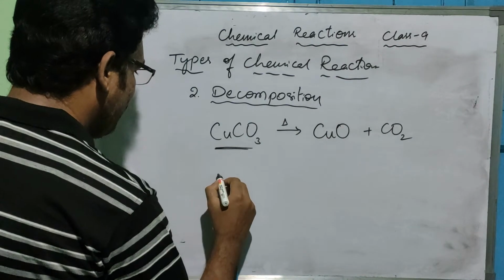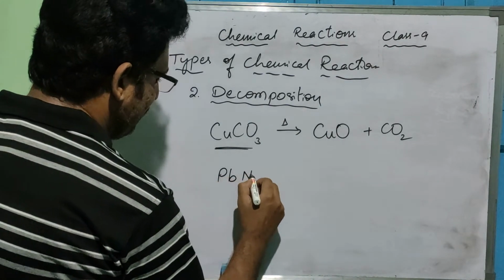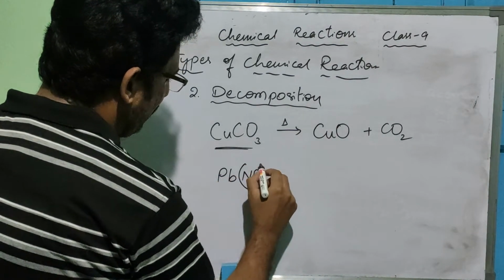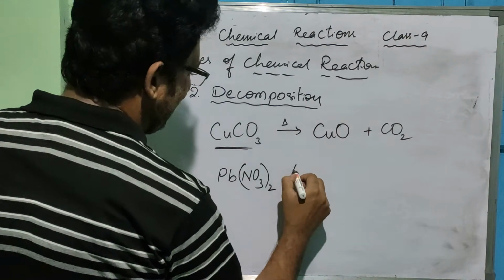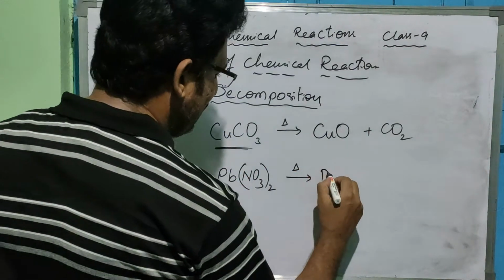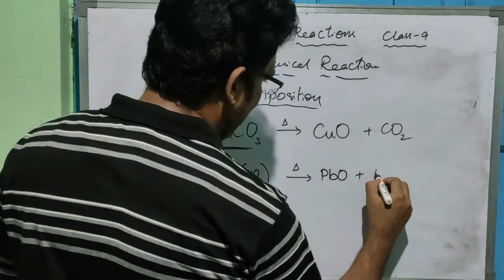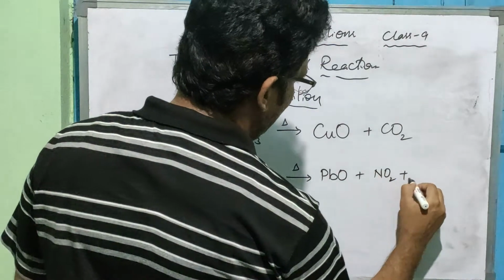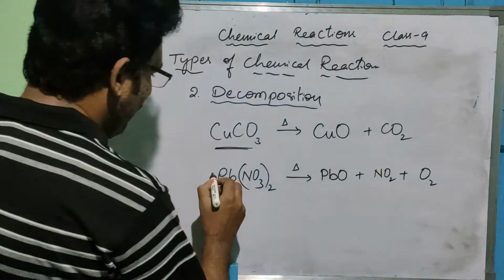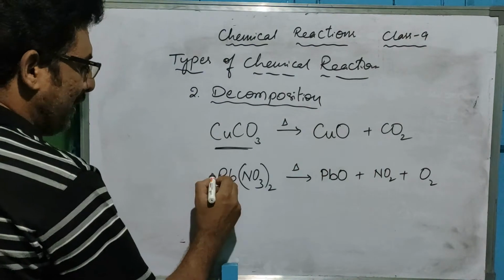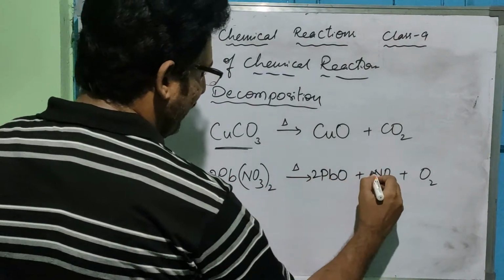And if you take lead nitrate, Pb(NO3)2, on heating it gives lead oxide plus NO2 plus O2. Of course we need to balance the equation: 2, 2 and 4.